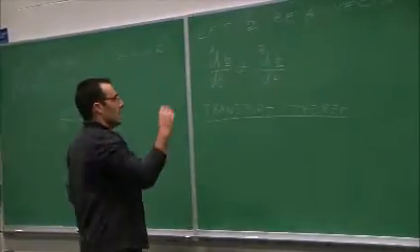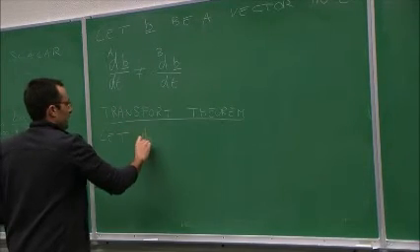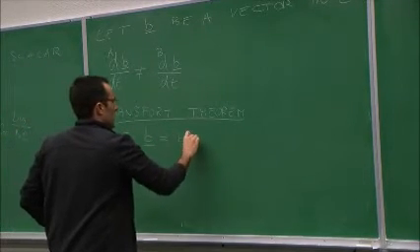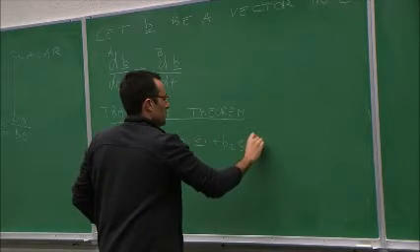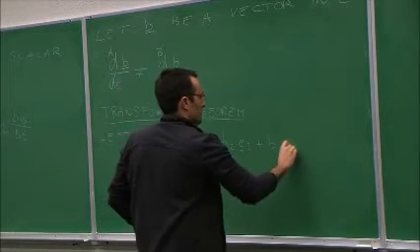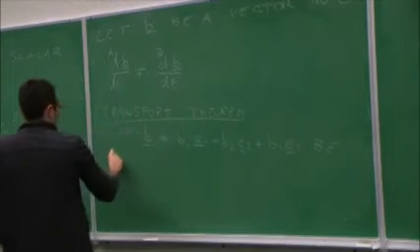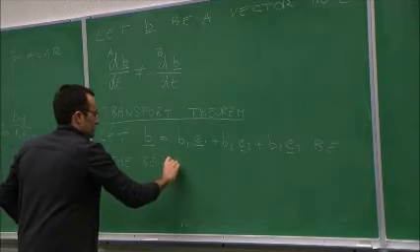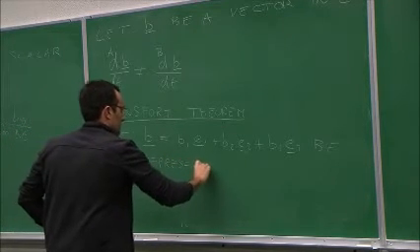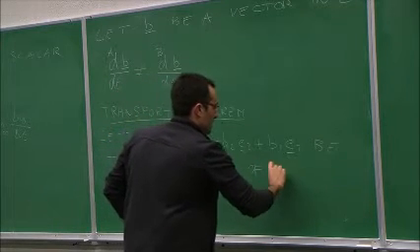So let's do this. Let B equal B1 E1 plus B2 E2 plus B3 E3. What is this? This is the representation of B in this basis.